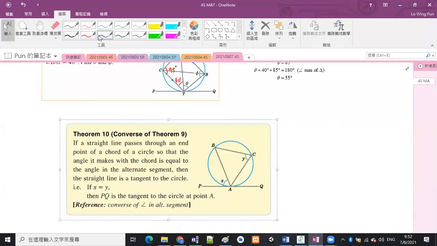But if we can prove that this angle and this angle are equal to each other, then we can conclude that this line PQ is a tangent to the circle at the intersection point, point A. And A will be the point of contact. Okay? And the reason is converse of angle in alternate segments. Like this. So we are going to do a few more exercises on this tomorrow.